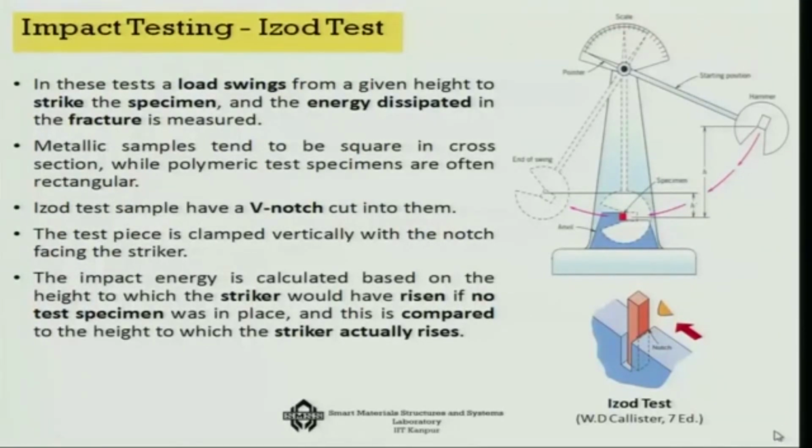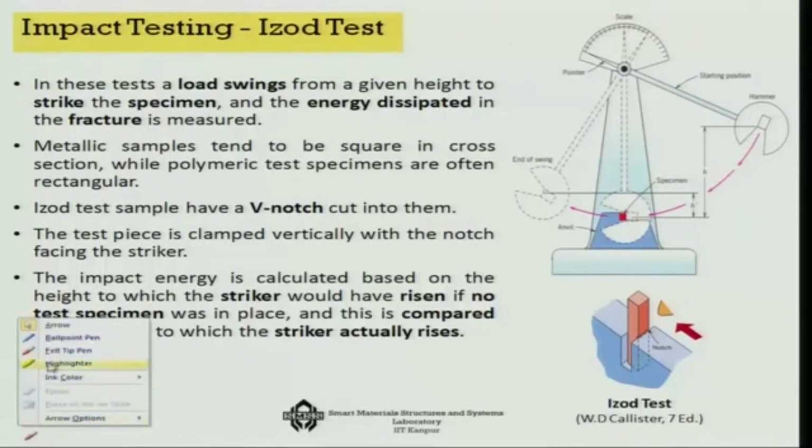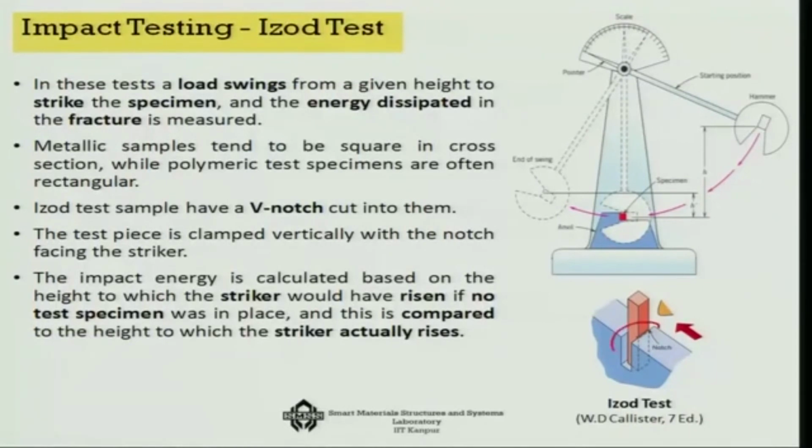So, this is an Izod impact test, where you support the sample from one position and you hit it with a pendulum. If there is no sample, then the pendulum can go to a particular distance. If there is a sample there, then some energy is taken by it, so the pendulum cannot go up to that distance.